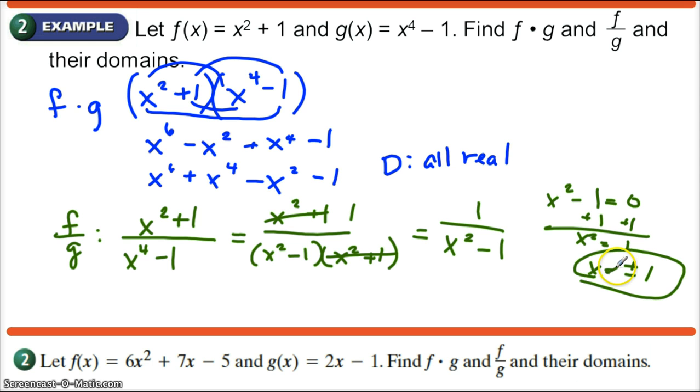So your domain is all real except x equal to plus or minus 1. So this would be your answer, and this would be your limit, your limitation, your domain.